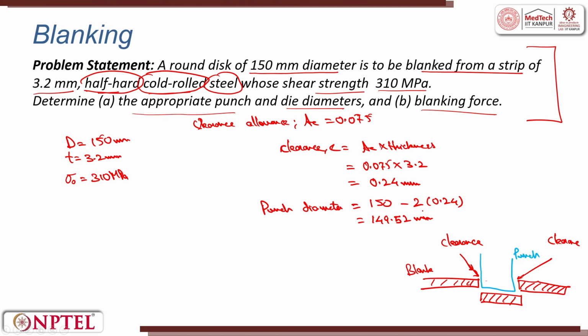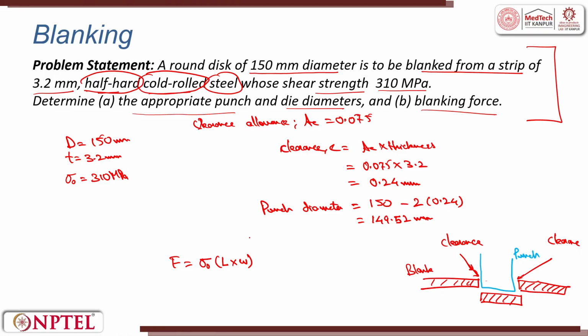And to find the blanking force, what is the force? Blanking force, if you wish to determine, that was what? It was the shear strength, that is sigma naught, into the length into the width in general. Now, here we have got the punch diameter. We need to find the complete force. This is a round disc, so all around the perimeter the force is applied.